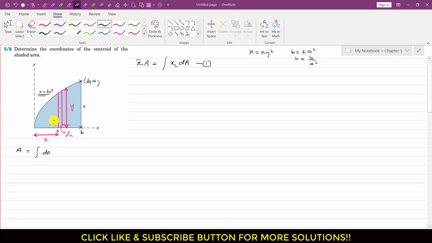Since we will be adding the areas of all the differential elements along the x-axis, we will integrate from 0 to b, and we can define dA. For the differential element, dA is equal to dx times y, or we can write y into dx. So I can write here, this will be from 0 to b, y dx.